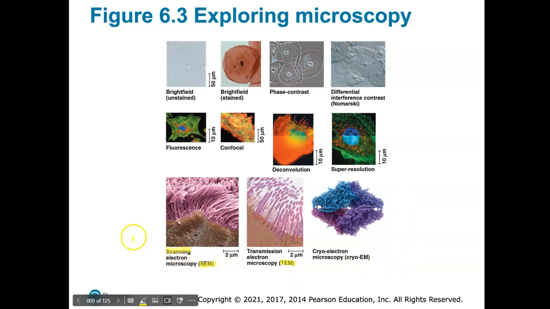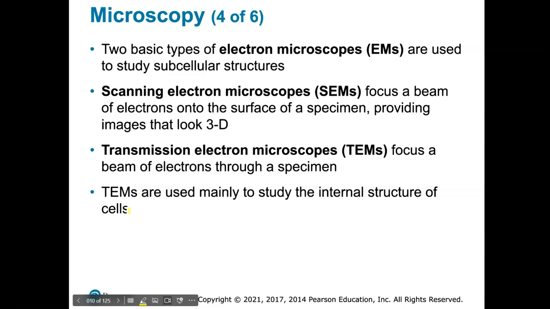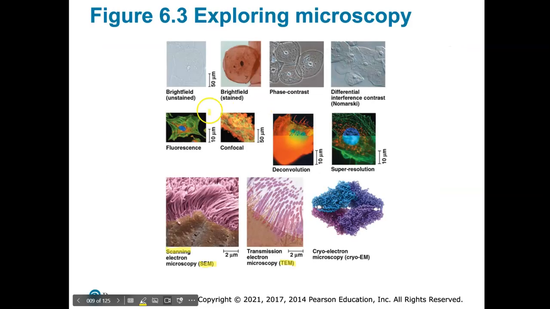But if we just need to see a small structure and we need to see more detail and we need to see it larger, then we just need a more powerful microscope, an electron microscope. So the scanning electron microscope is good for looking at the surface of a specimen and getting detail of the surface of the cell. So if you look at the surface of this cell, you can really see that it's covered in these little hairs called cilia, and you can really see that detail.